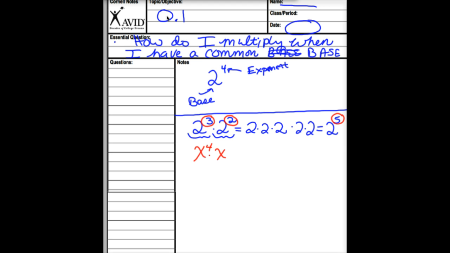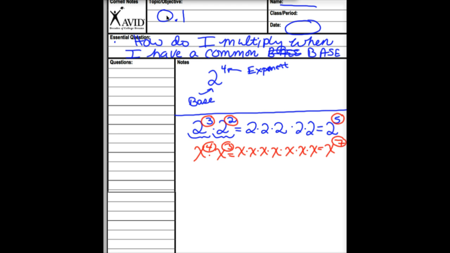If I were just to do x to the 4th times x to the 3rd, it's such a pain to write it out, but I would have 4 x's for x to the 4th, and x to the 3rd is x times x times x, and when I'm all done, you'll notice that I have 7 x's strung out there, and you'll notice the connection between the exponents. In my answer, they get added.